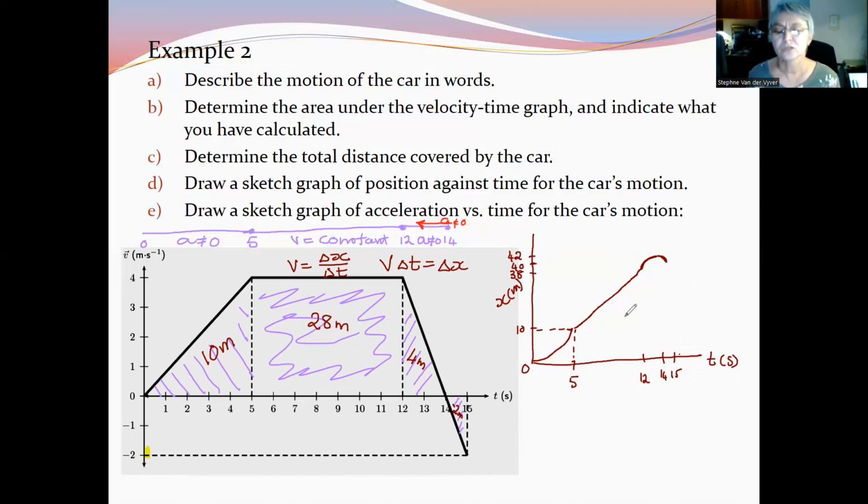So this is what the position time graph would look like. First 5 seconds acceleration, so it's a smiley parabola. Next 7 seconds straight line. Next 2 seconds a crying parabola, but still going forward. And the last second he turns back and he would end up 40 meters from the origin.